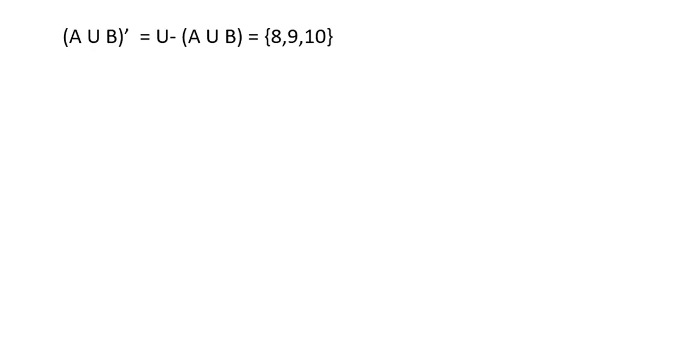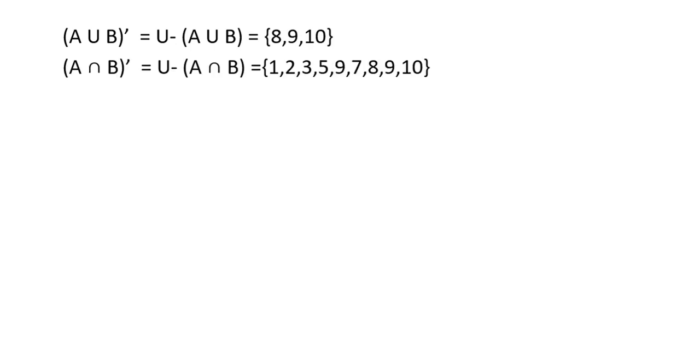Now we are first calculating (A union B) whole complement. How do we find it? We just subtract the set A union B from the universal set. The result that we got here is elements 8, 9 and 10. Same as we will be calculating (A intersection B) whole complement: we subtract the answer of A intersection B, which is the set with element 4, from the universal set.